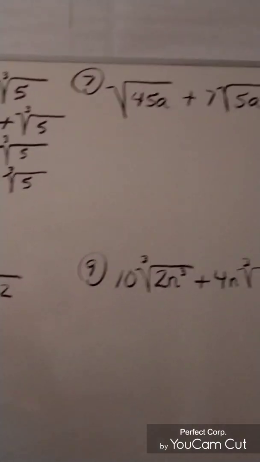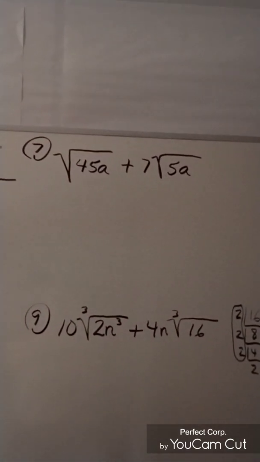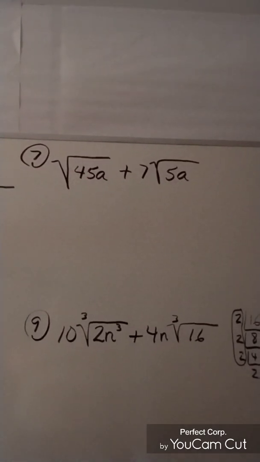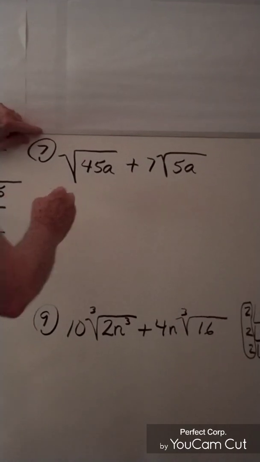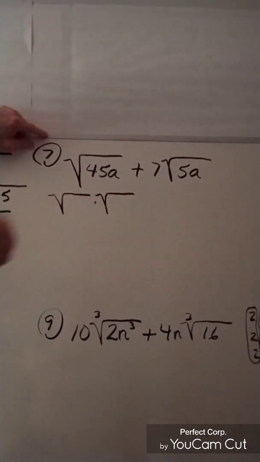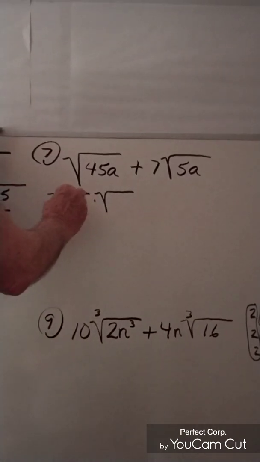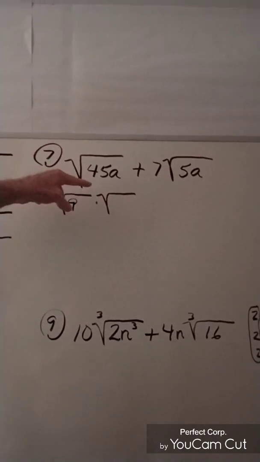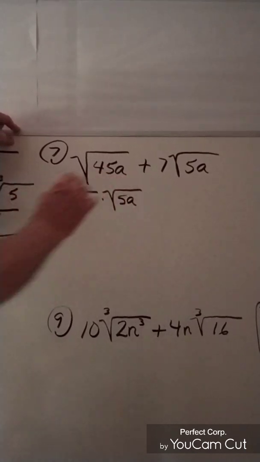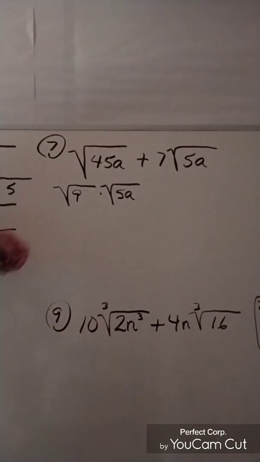Seven. We're back to square root. We should be able to look at 45 and see a 9 and a 5. Let's bust it. In the rational house, 9. In the irrational house, 5, along with the a, because there aren't enough factors of a for a perfect square.